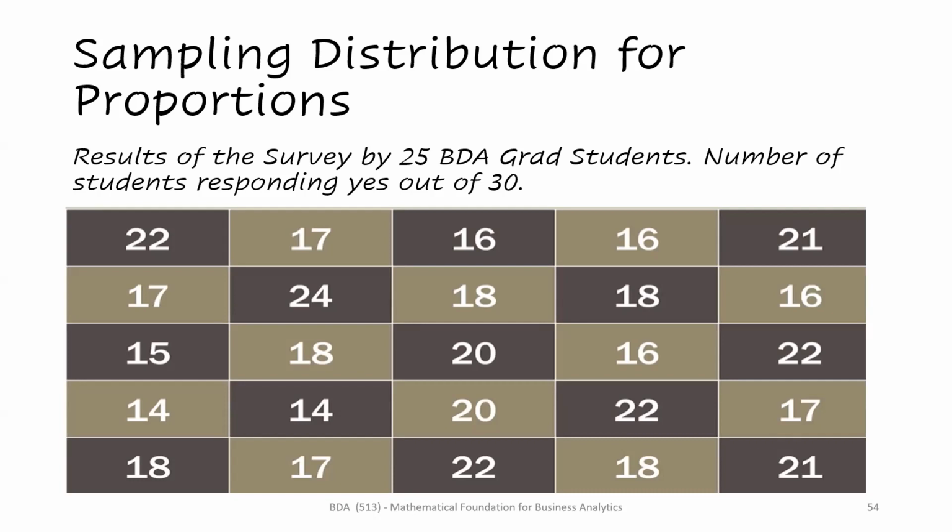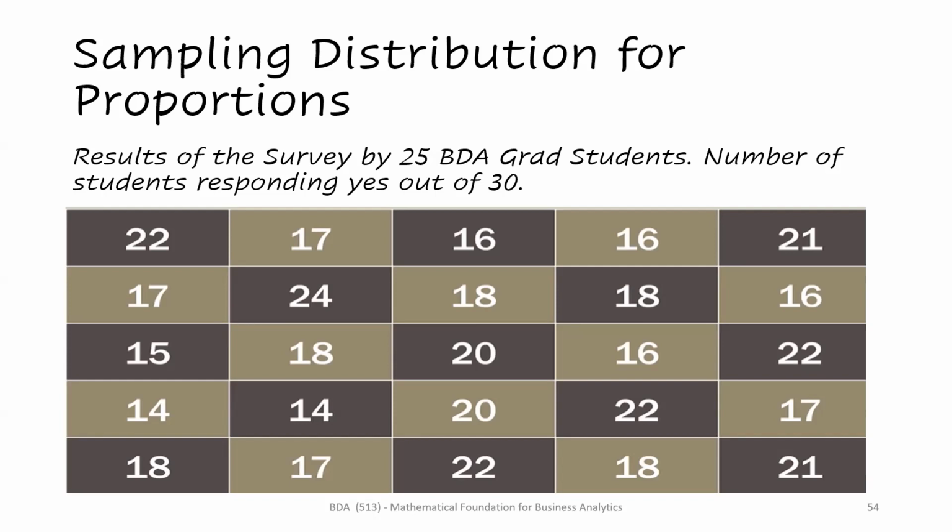So these are the results of the 25 people. Sorry, it's not the sample, it's the students. For each of the students, it's basically the same thing: each of the 25 students interviewed 30 people.